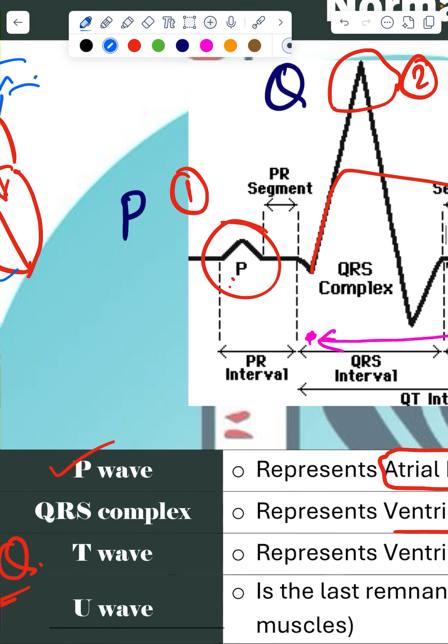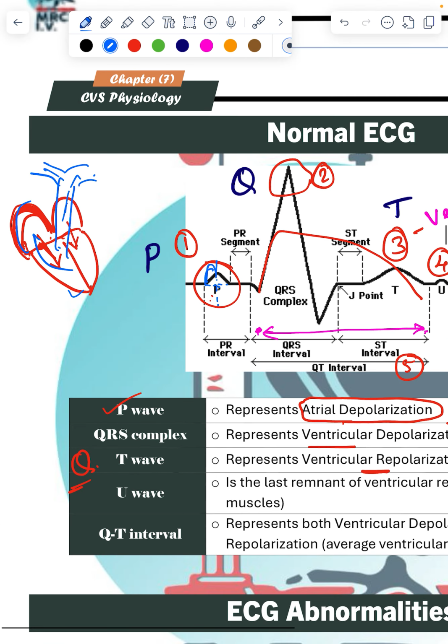So in the P wave, one part is from the right atrium, this is from the left atrium, any pressure will give an increase, this is called P pulmonale. Any effect in the pulmonary artery pressure will give the shape of the P wave like this.